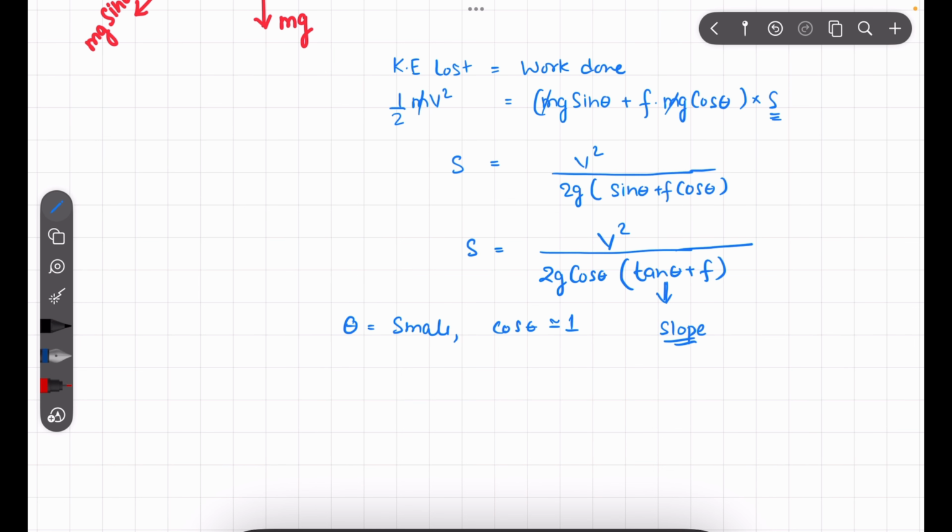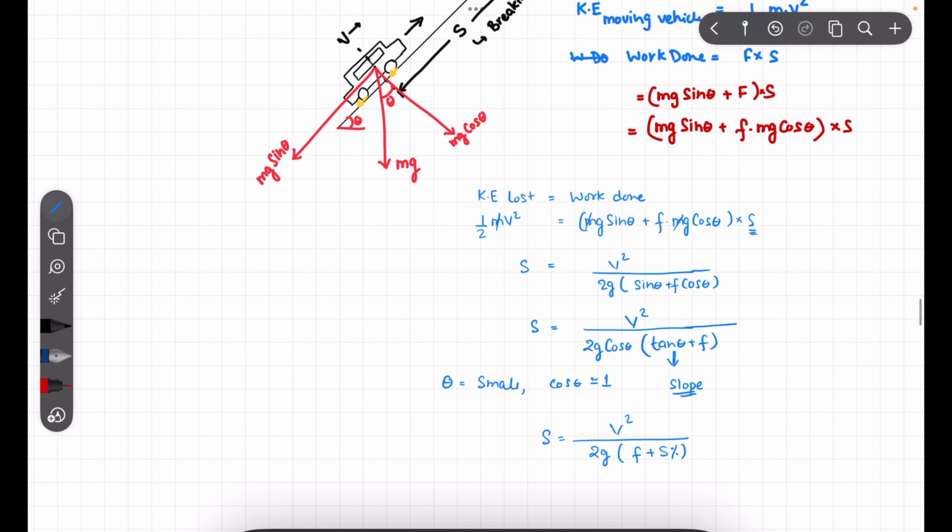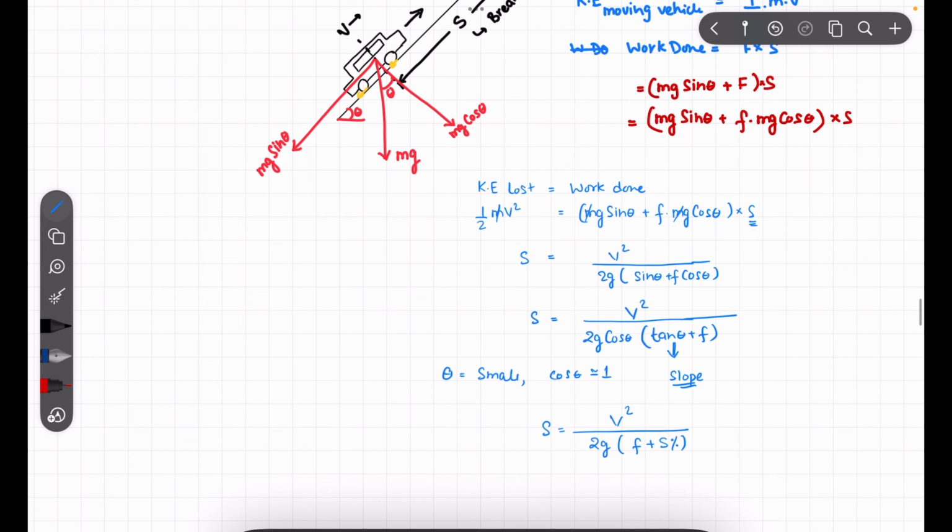So we have s equals v square by 2g (f plus s), which can be taken in percentage, f plus s.